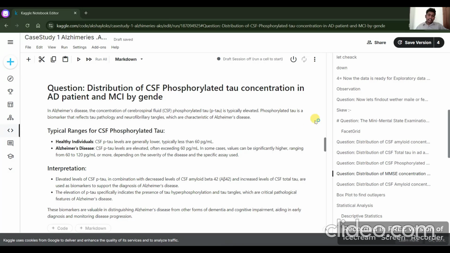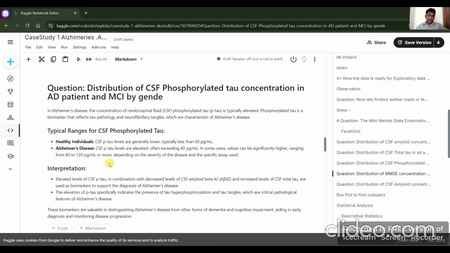Phosphorylated TAU is a biomarker that reflects the pathology of neurofibrillary tangles, which are characteristic of Alzheimer's disease. In healthy individuals, CSF phosphorylated TAU levels are generally low, typically less than 60 pg/ml.